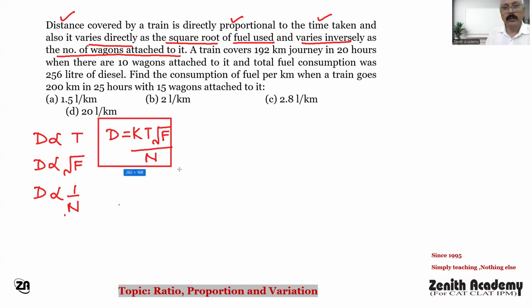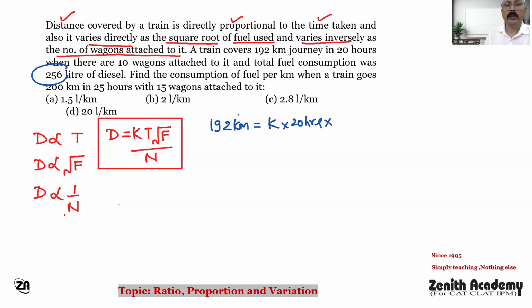So now this is an important formula. This question is based on variation, the concept we studied. So now see. The first equation is given that a train covers 192 kilometers. Constant is K. In T hours, 20 hours, 256 liters. So 256 liters.